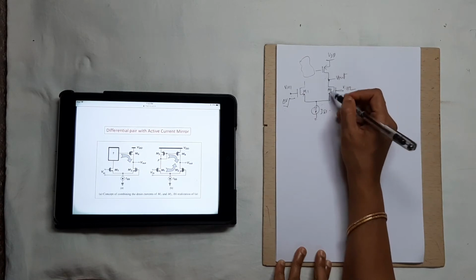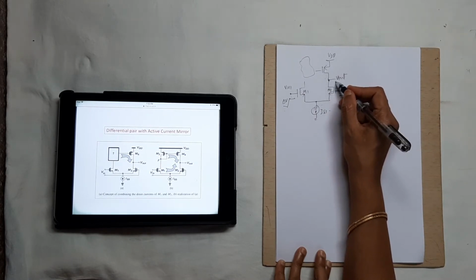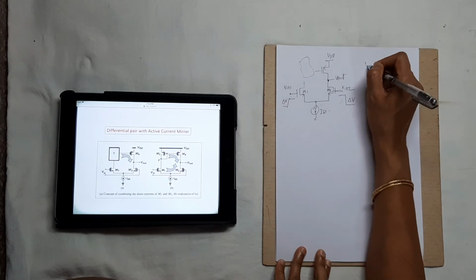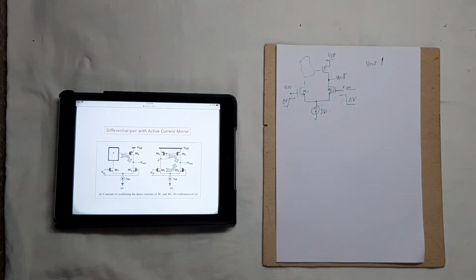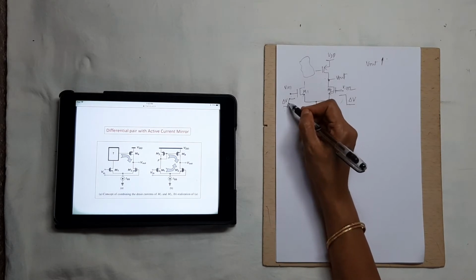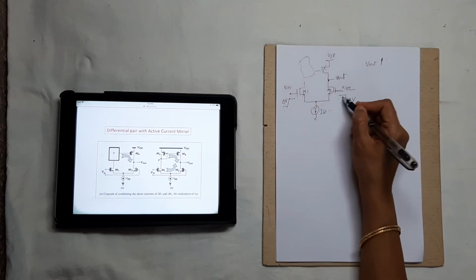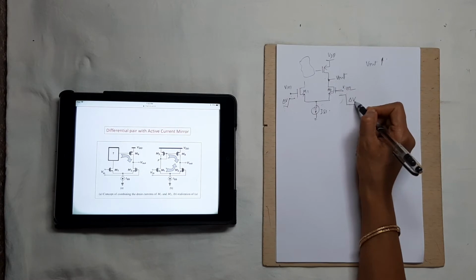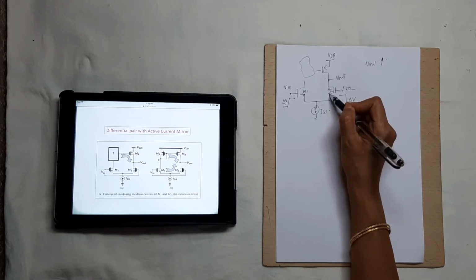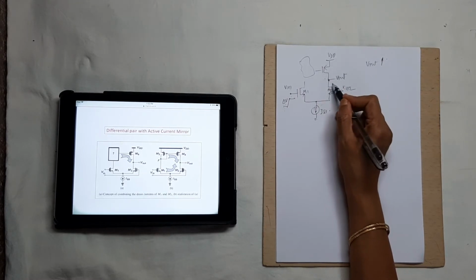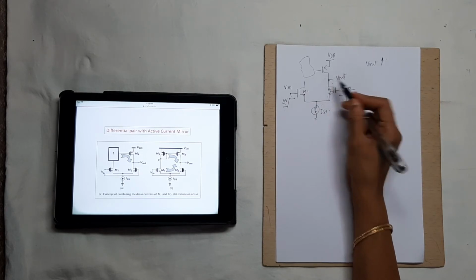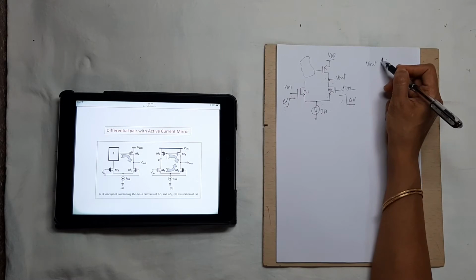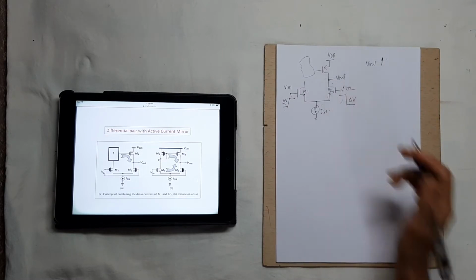As the current through M2 decreases, what happens to the output voltage? The output voltage increases. Now what we have done? This we have increased by delta V, and this input is decreased by delta V. Therefore the current through M2 decreases. Think of this as the common source stage. When the current through M2 decreases, V out increases. This is a common source stage.